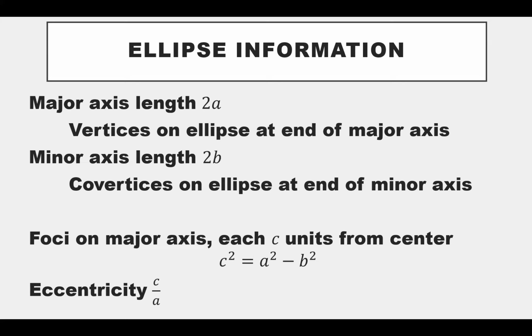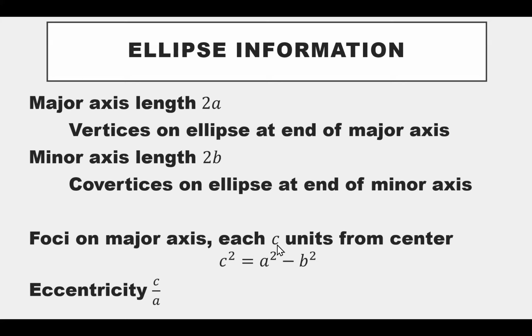Two other points which are really important with an ellipse are the foci. Each ellipse is going to have two foci. That's the plural for focus. They are going to be located on the major axis, and each of them is going to be c units from the center. Now, this c is calculated by c squared is equal to a squared minus b squared on an ellipse.